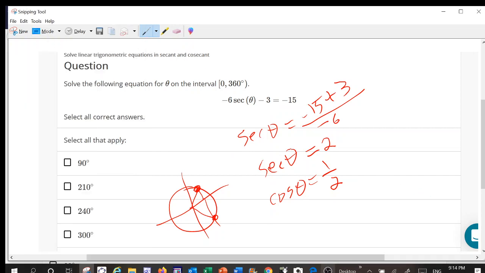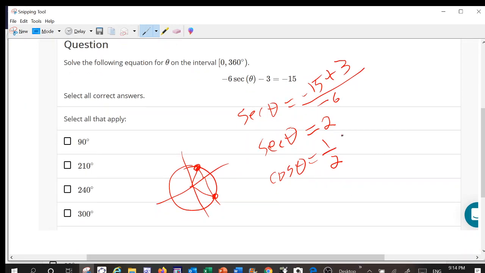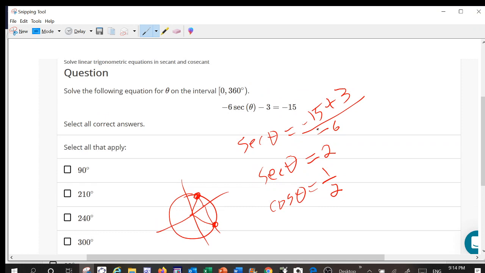So that's 60 degrees, and let me see. Yeah, I did it right. -12 over -6 is 2, so cosine is 1/2.